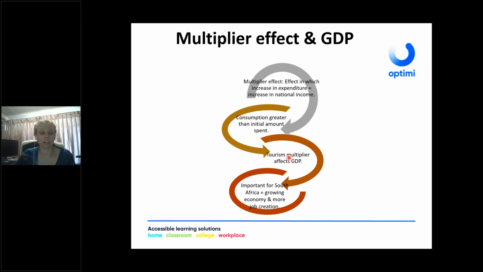The tourism multiplier also affects the GDP because, as I previously explained, they make use of certain sectors in the tourism flow, and because of that expenditure, that money also then contributes to the GDP. And it's important for South Africa because this grows our economy and it helps us with job creation.